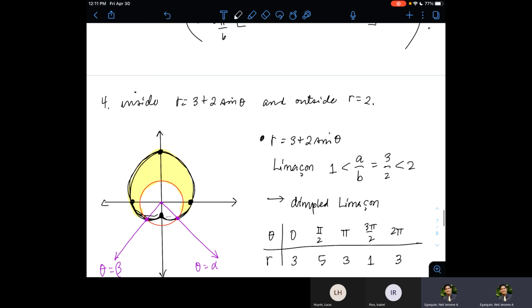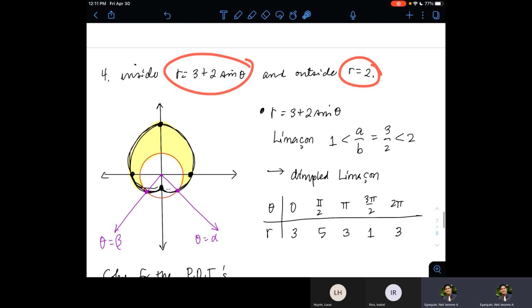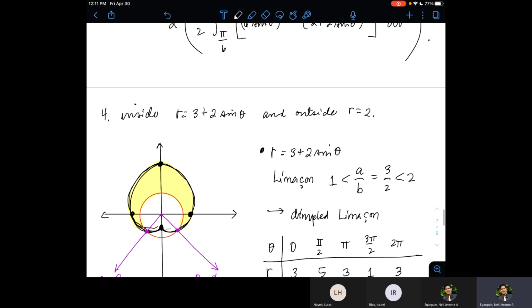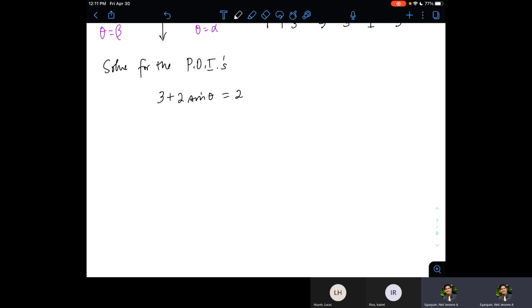Okay. The first is r equals 2. The second curve is 3 plus 2 sine theta. Both left-hand sides are equal to r. So at the point of intersection, the right-hand side should agree with each other. So we have 3 plus 2 sine theta equals 2. Okay, right? Then we solve for theta. So we want the trig function to be isolated on one side of the equation.